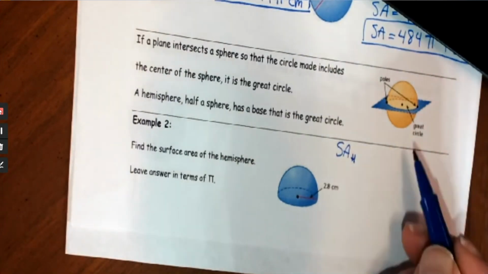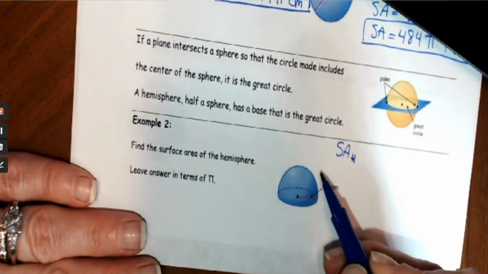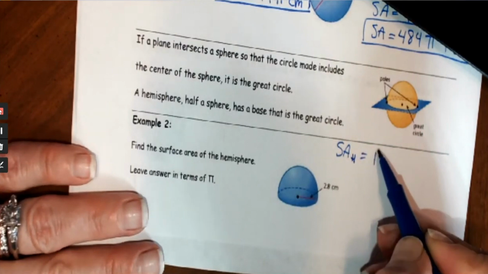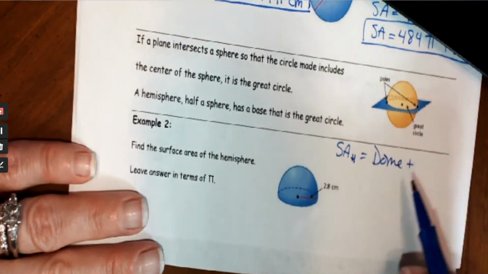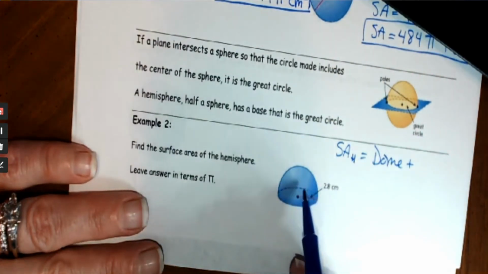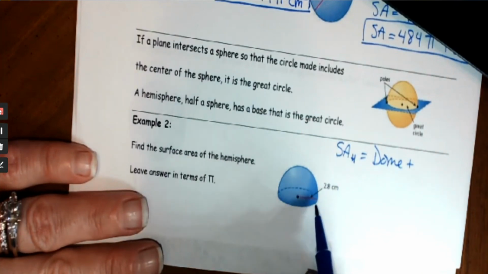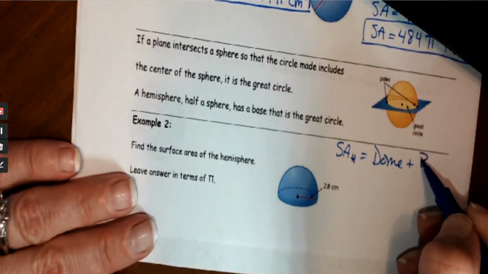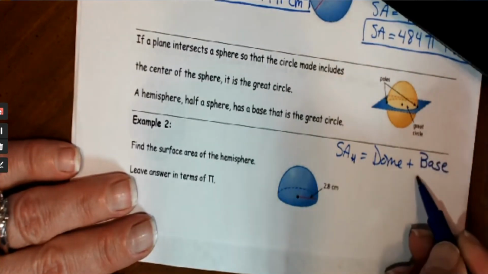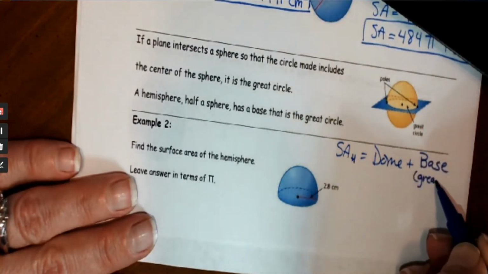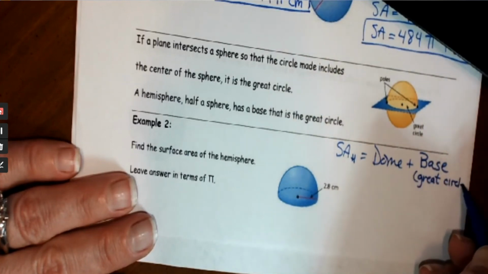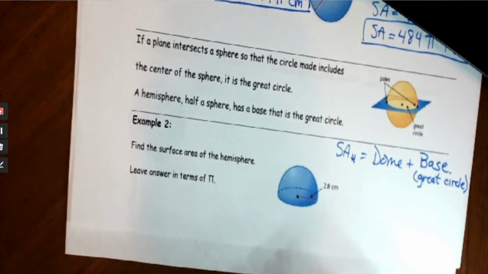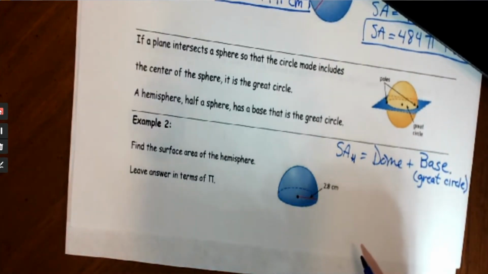Well, when we look at this hemisphere, we see that we have the area of the dome, plus the area of the great circle that it is sitting on, right? Because it's got the base, that's the great circle. So I'm going to just say add the base, which we know here is the great circle in this sphere. So now let's talk about what we know these things are.